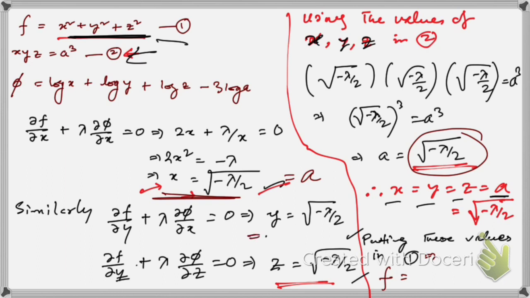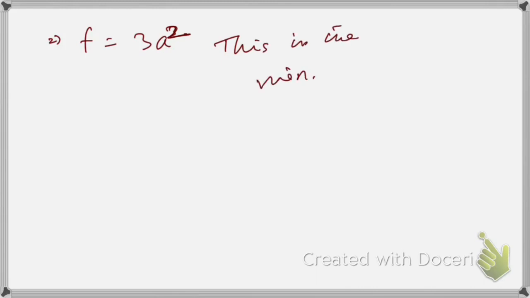Similarly y is also equal to a and z is also equal to a. So from 1 we will get a square plus a square plus a square. So there are 3 a squares, so we get f is equal to 3a square. So this is the minimum value of f, that is what we needed to find, right?